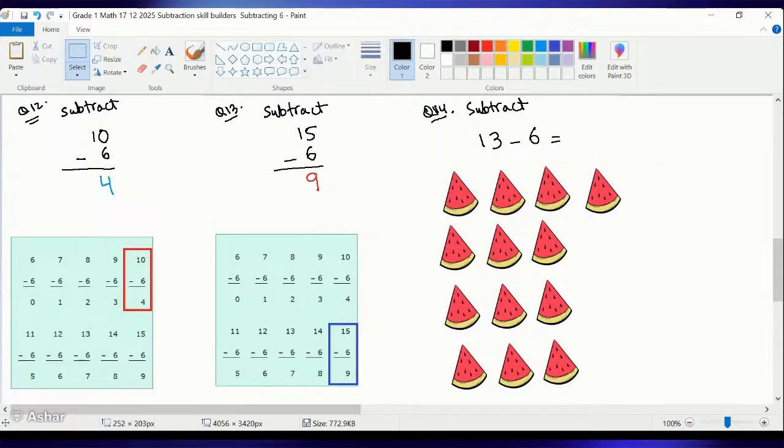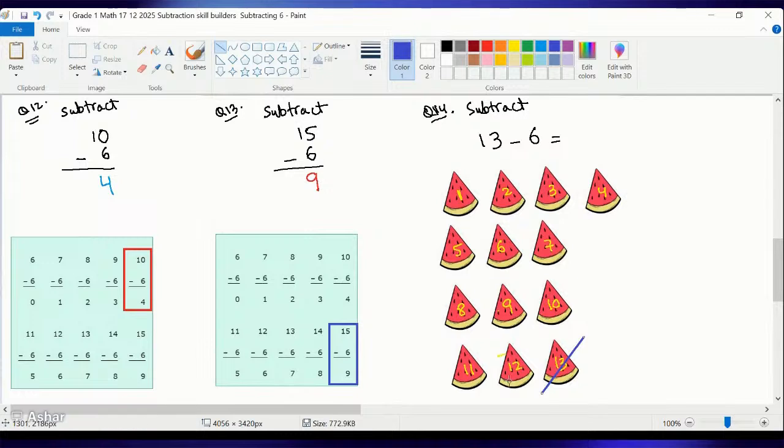Let's label them and see if they're 1, 2, 3, 4, 5, 6, 7, 8, 9, 10, 11, 12, and 13. So from 13 slices of watermelon, if we remove 6 slices, so if someone ate 6 slices, can we remove the first slice?